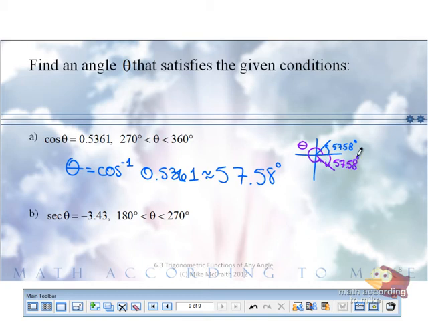If all the way around is 360, then how do we get this portion, where we're not going all the way around, we're stopping at this terminal side here? If all the way around is 360, take away the 57.58. Good.